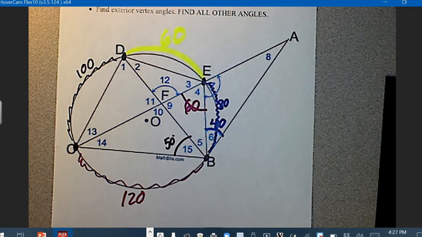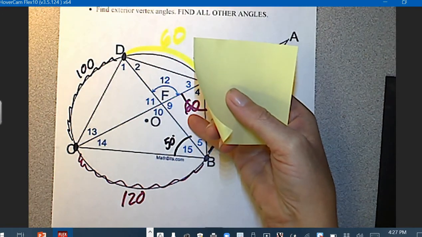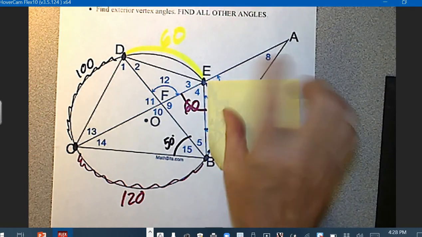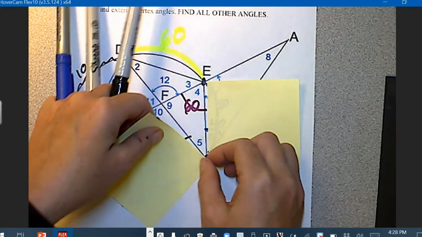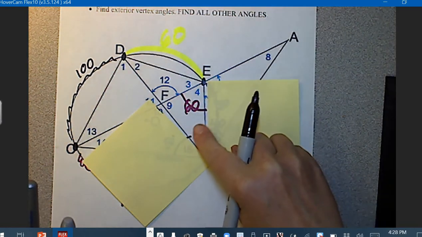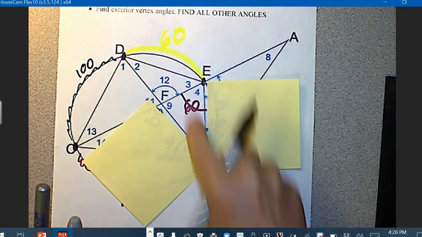Now you just keep framing and finding everything possible. So I'm going to start at 4, and I'm just going to start working my way around. Since I have all the arcs, I can now get all the inscribed angles. So I'm going to frame at 5. That's an inscribed angle. Sweep the angle. Sweep the arc. That's inscribed.